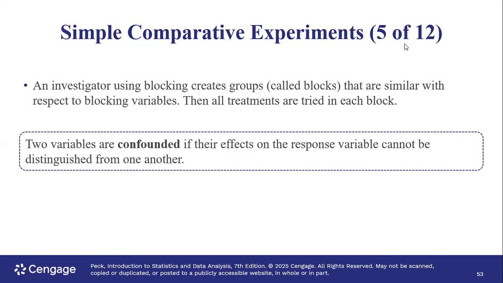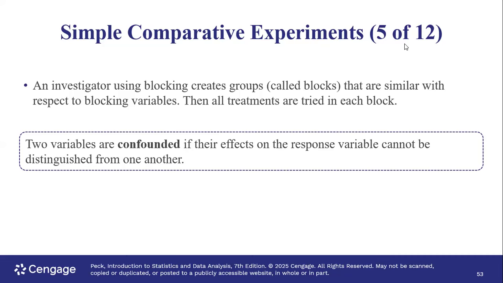An investigator using blocking creates groups called blocks that are similar with respect to blocking variables. Then all treatments are tried in each block. In the previous example, the extraneous variable was the time of the day, one in the morning, one in the afternoon, and you have two different rooms at two different temperatures.